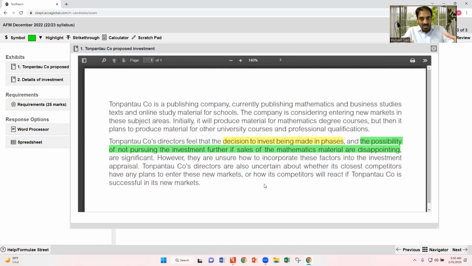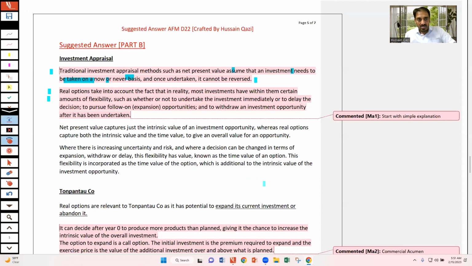So what is this about? With simple NPV, phase by phase means if successful, they will move towards the extra phase or extra mileage, or add on to the investment. And if they are not satisfied, they will withdraw. This opportunity, or the option, is not facilitated by the NPV method.